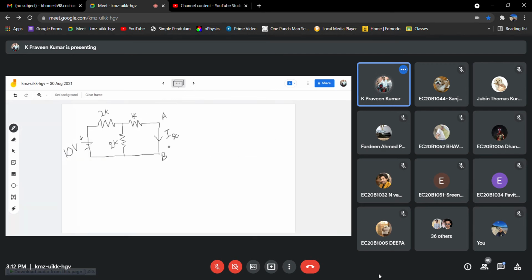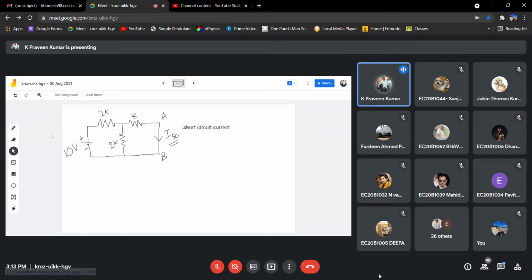In second case, don't disturb any of the voltage or current sources, just place a short circuit across the terminals A and B, then calculate the current flowing through that short, that is ISC, short circuit current. Right. So this is what we call as short circuit current. This we need to calculate.